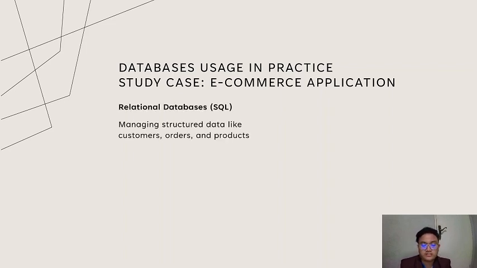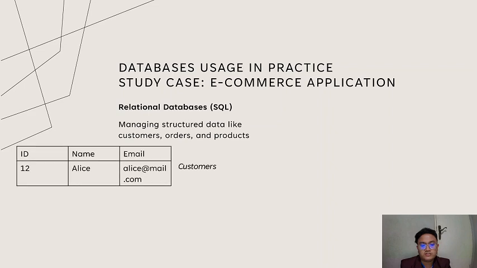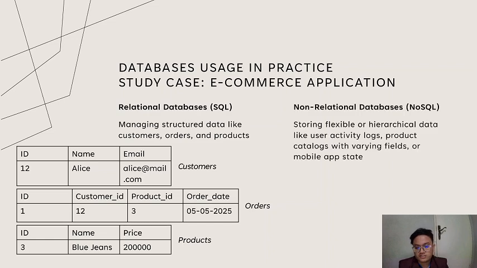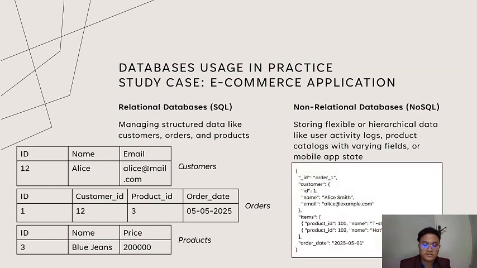For the SQL databases, we can use them for managing structured data, like for storing customers, orders, and also products, with each having their own tables and their own rows and columns. And for the NoSQL, we can use them for storing flexible or hierarchical data like user activity logs, product catalogs with varying fields, or mobile app state. Here is an example of the JSON format of the product catalogs with varying fields.